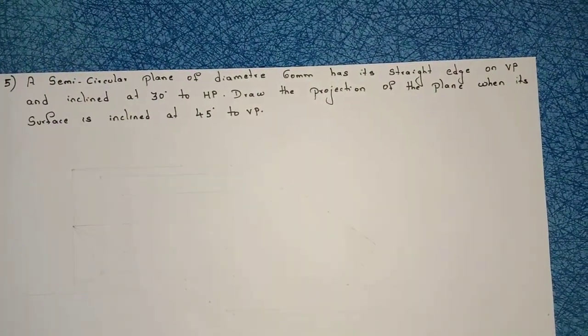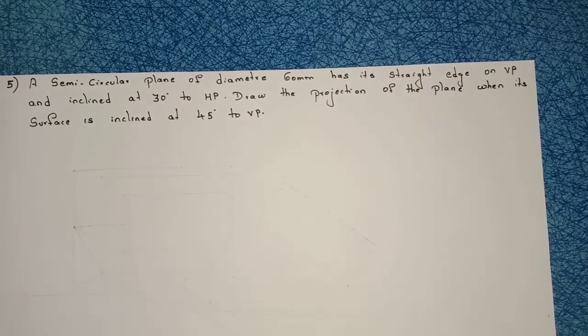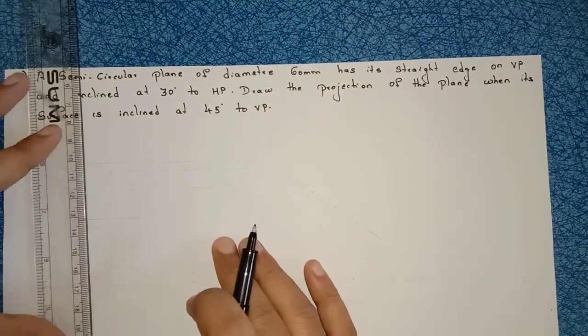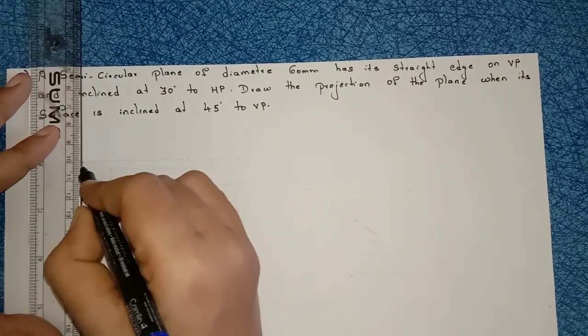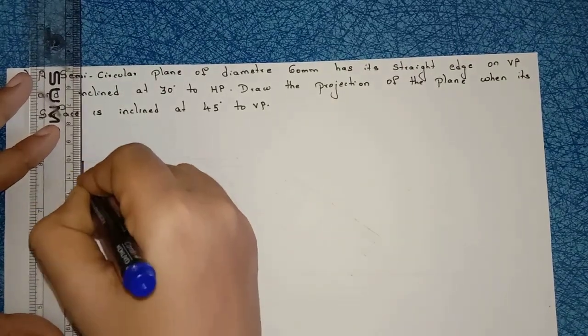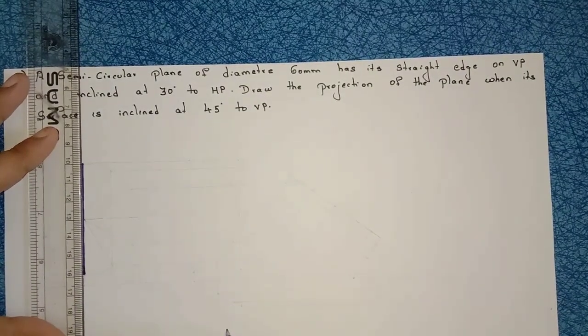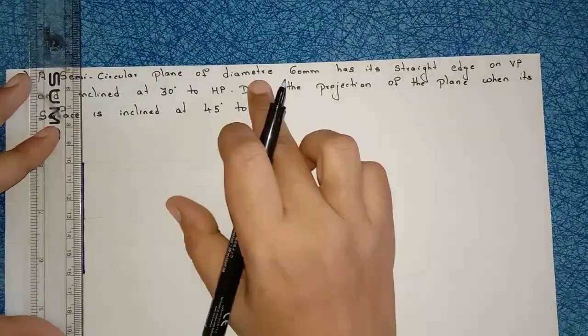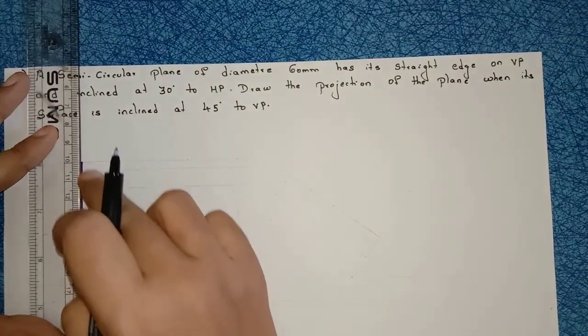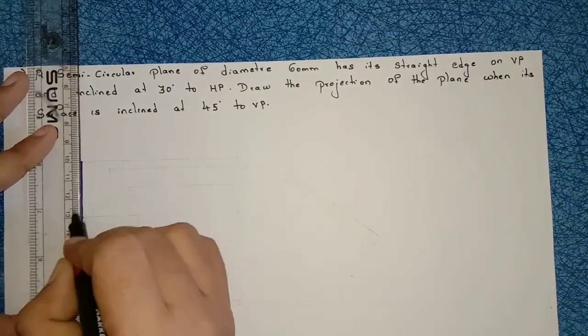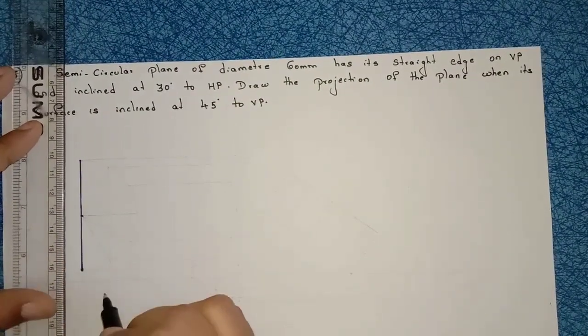So let us start the problem. You have to construct the semicircle. The condition is the edge should be on VP, right? So the diameter is how much? 60 mm. First construct a 60 mm line, mark the midpoint.